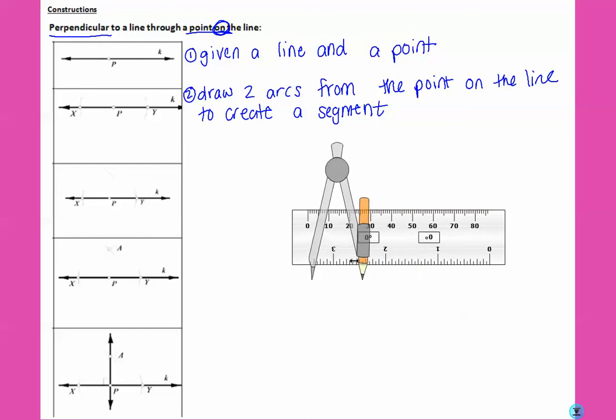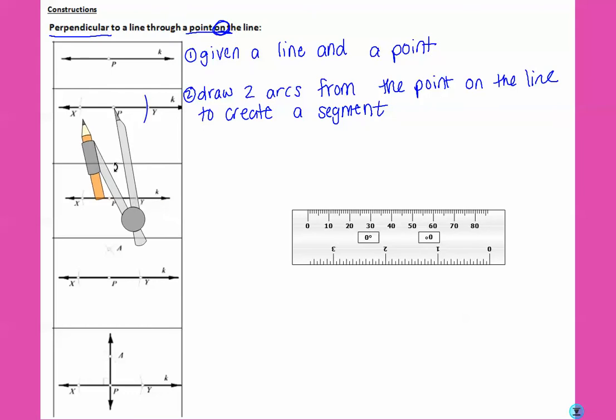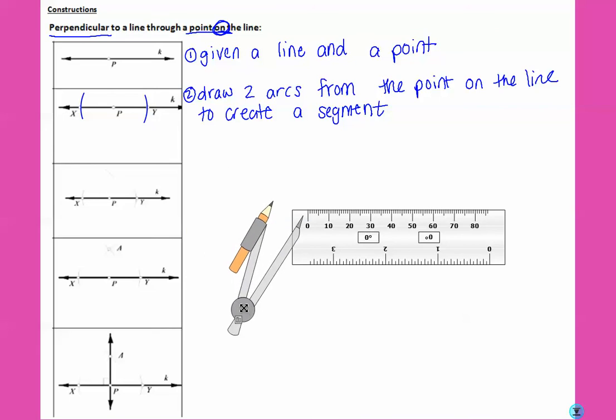So I'm going to make my compass a little bit smaller because our line up there is not that big. So from the center, I'm going to draw an arc on this side. Then I'm going to spin it around and also draw an arc on this side. Now I have a segment.